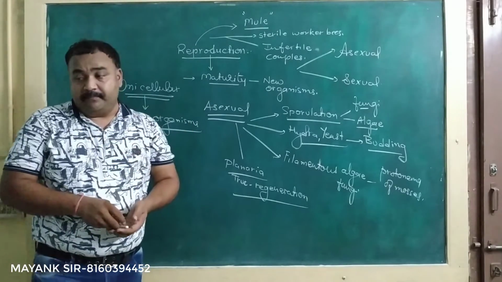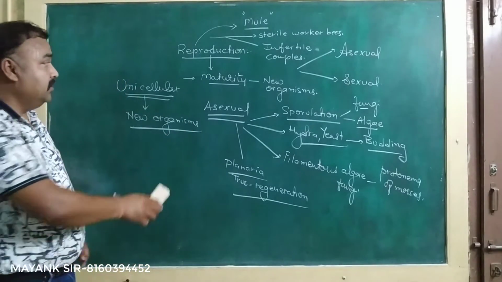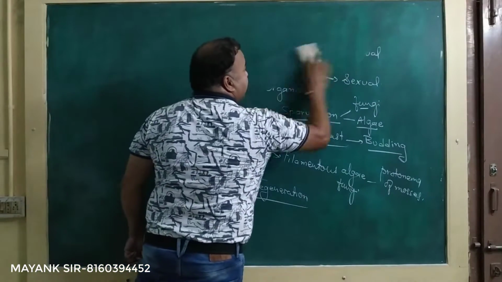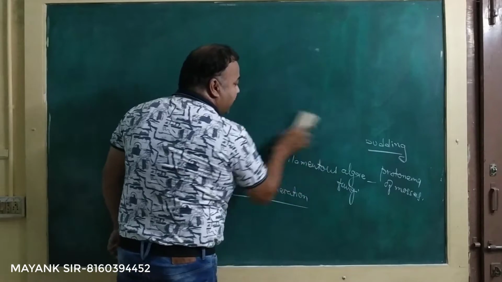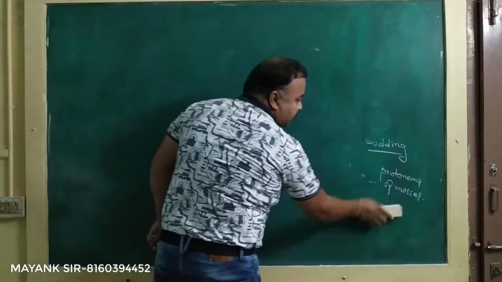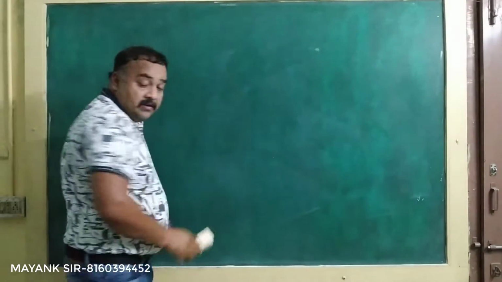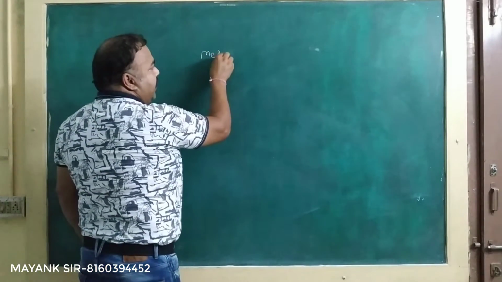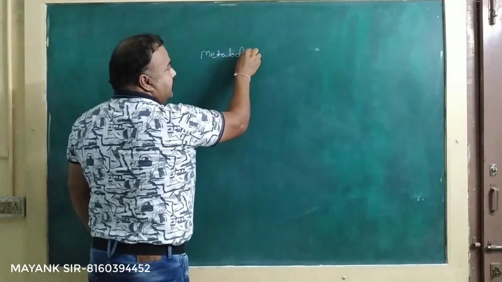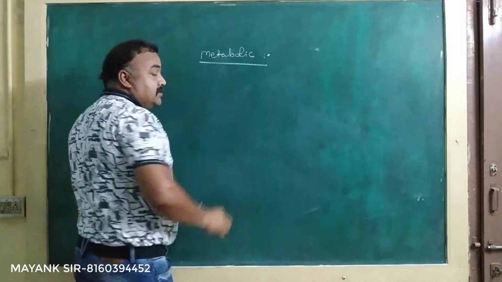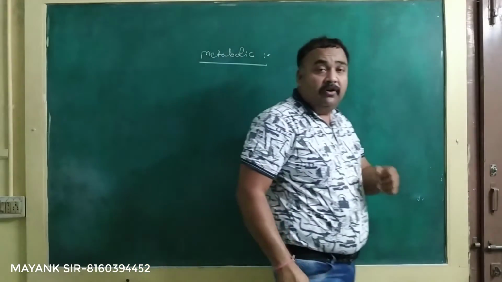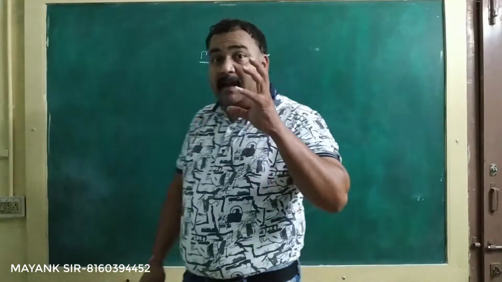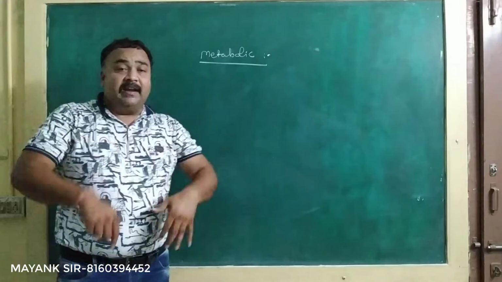Along with it, we are going to study another characteristic of living organisms, and that is known as metabolism. Now, what do you mean by metabolism? Different kinds of biochemical reactions occur in the bodies of living organisms. Biochemical reactions are the chemical reactions which occur in living organisms.